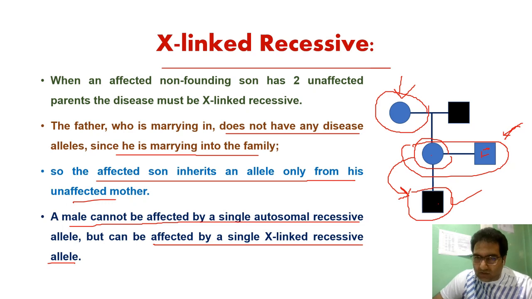If he has not got this from the father, there is only one allele which is represented in the son. So, it is obvious that he has received the disease from the X chromosome of the mother, who was having it as a carrier allele, and when this allele was present in the son, he got affected. So this is X-linked recessive.